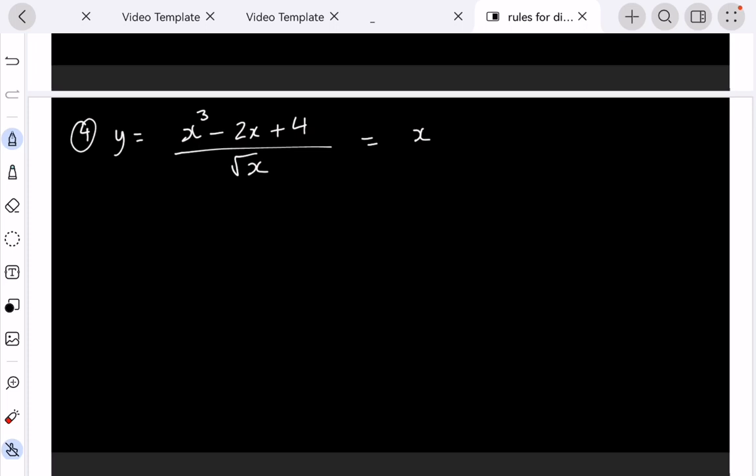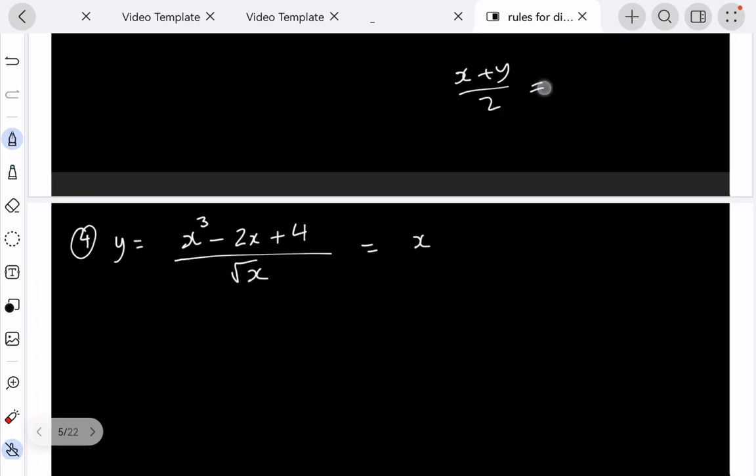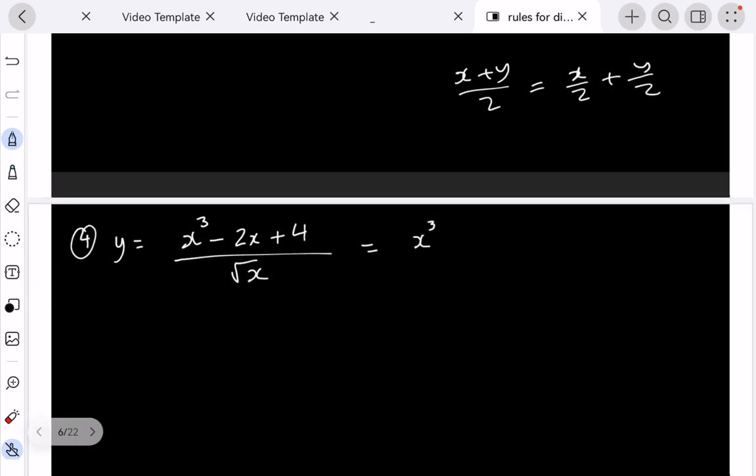If I have a fraction, for example, x plus y over 2, each term takes the denominator like this. So that's what we are going to do. I'll say x cubed over x exponent half, because I know square root is x exponent half, right? Minus 2x over x exponent half, which is the square root, plus 4 over x exponent half.